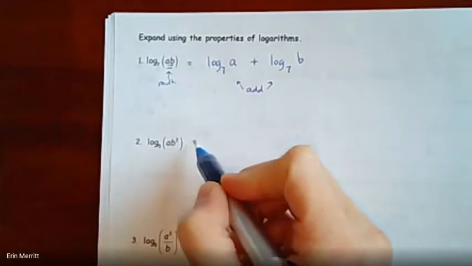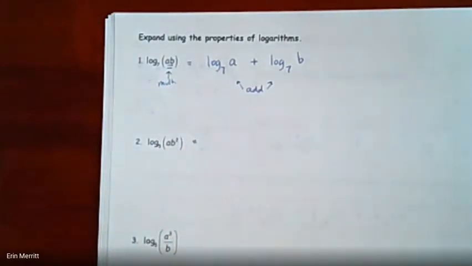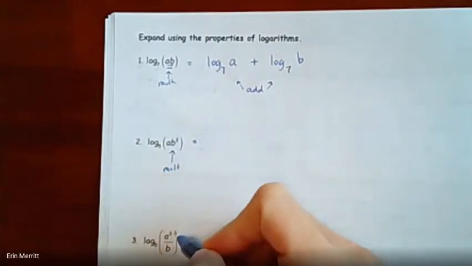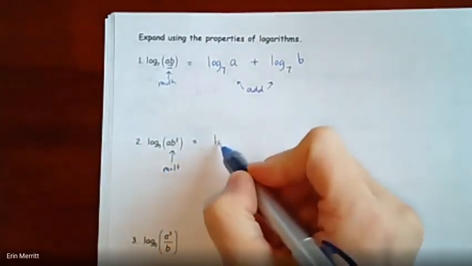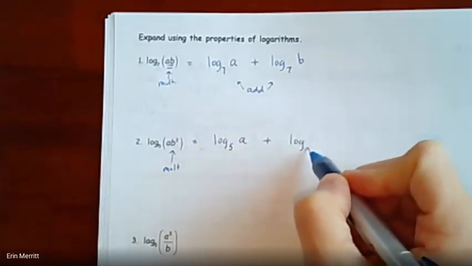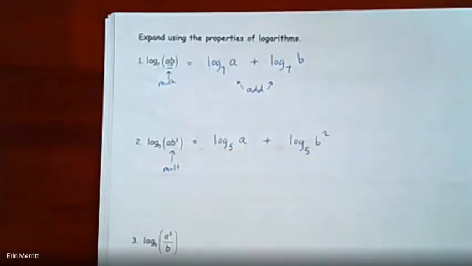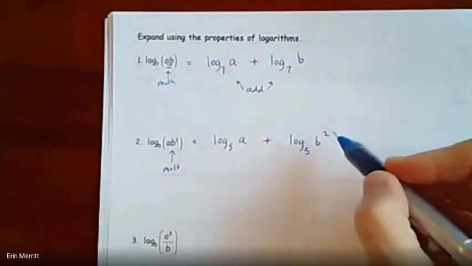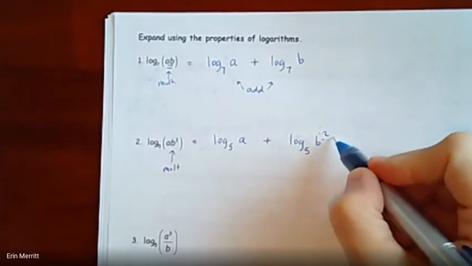For one like this, just for these first few, do it in 2 steps. What I mean by that, I see this as a multiplication problem again. So I'm going to start by splitting it into addition. So it'd be log base 5 of a plus log base 5 of b squared. Now I've got a second thing that I can take into account. I've got the exponent up here.